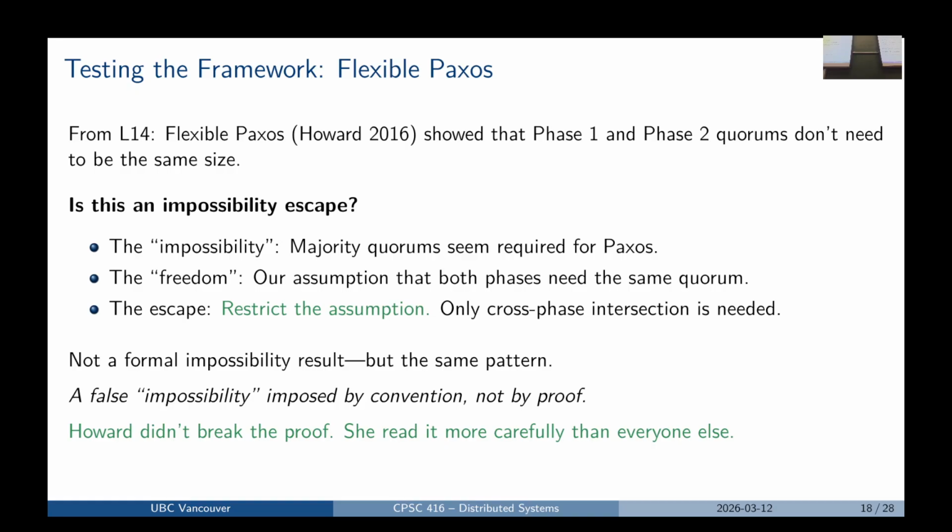So this is an escape. In this particular case, we escaped by restricting an assumption. And what she did is actually very clever. She didn't break the Paxos protocol. What she said was, this was always allowed, nobody bothered to notice it.